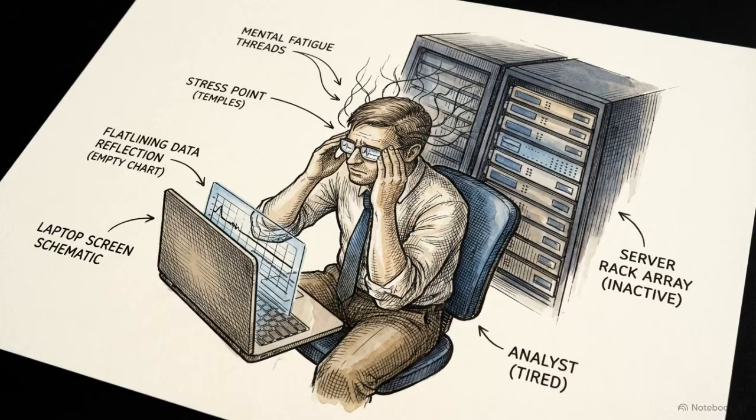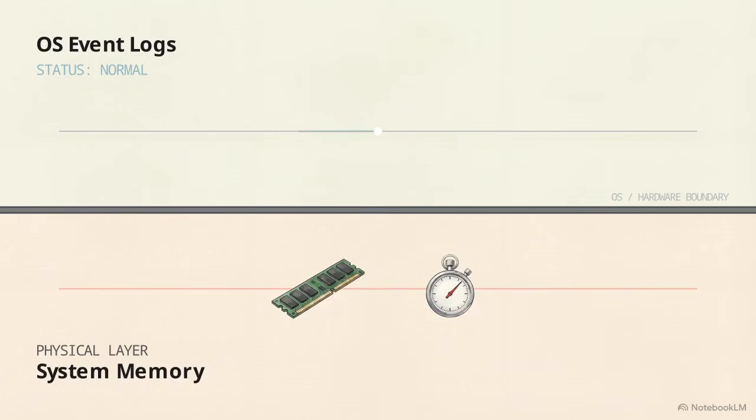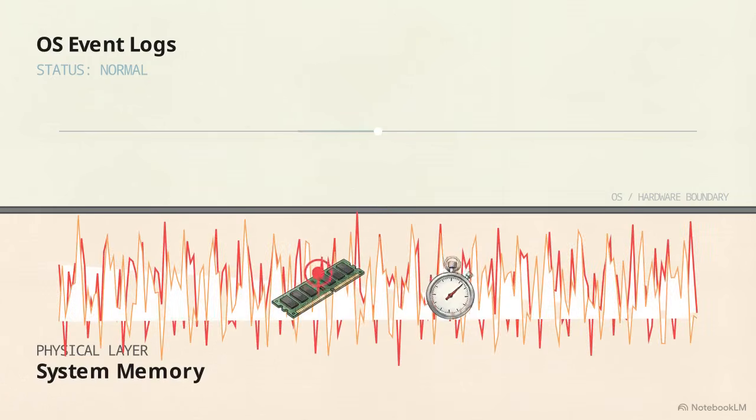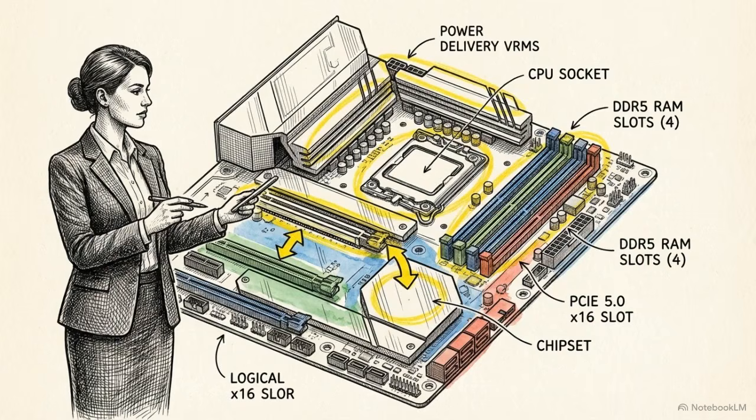For IT technicians and security operations center analysts, the implications are severe. Because these attacks bypass the operating system entirely, traditional forensic tools and event logs register no activity during a breach. Defending modern enterprise environments means understanding the physical mechanics of these deep-layer bypasses before an adversary weaponizes them.